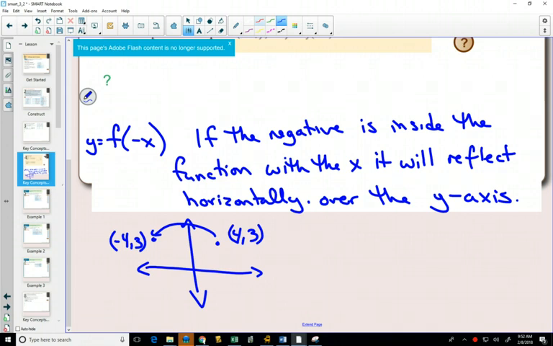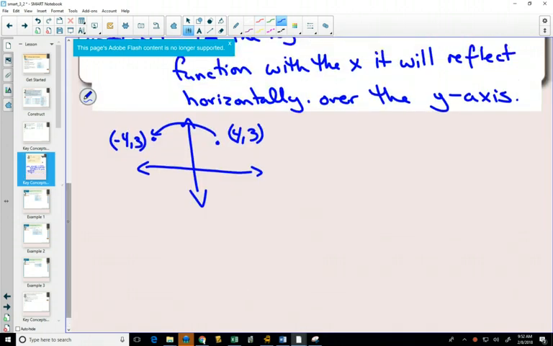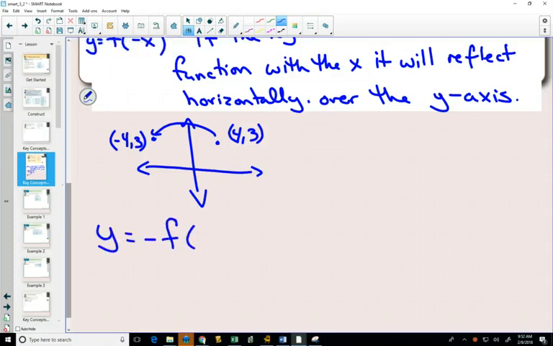So similarly, we can write for y equals negative f of x. Notice that negative is outside.